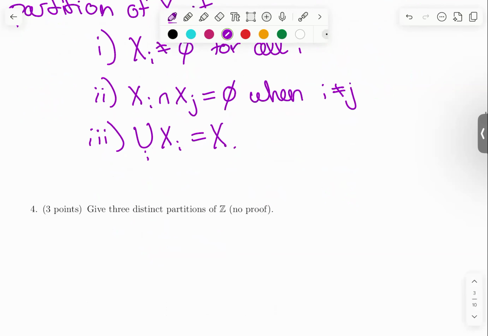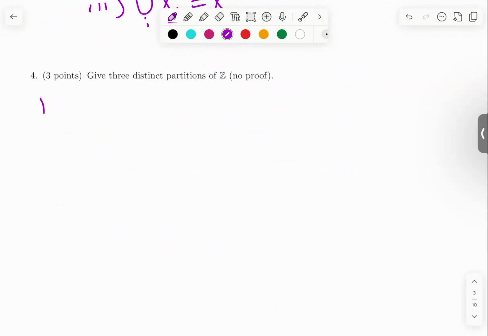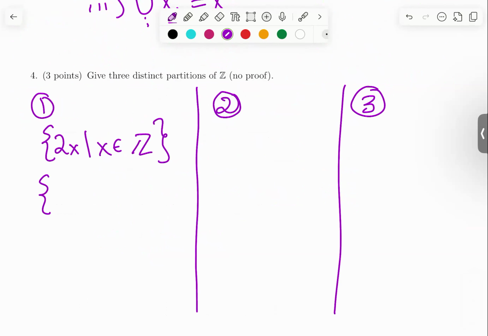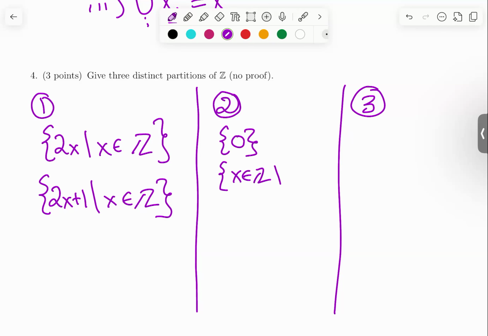All right, so give 3 distinct partitions of the integers. So I want 3 different examples of a partition of the integers. Okay, maybe I do evens and odds, 2x and 2x plus 1. Maybe I do 0, positives, and negatives.